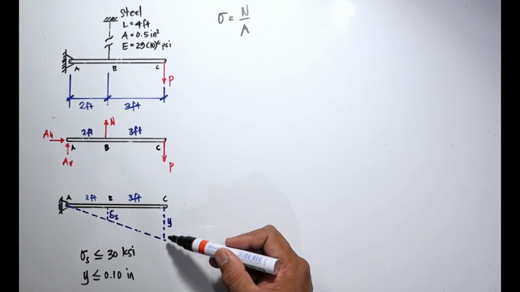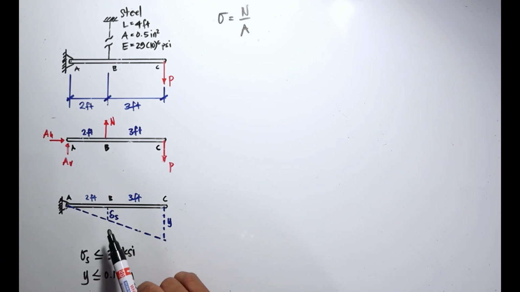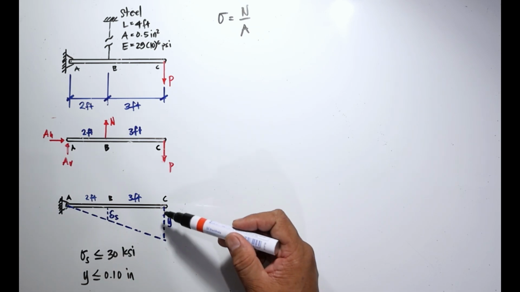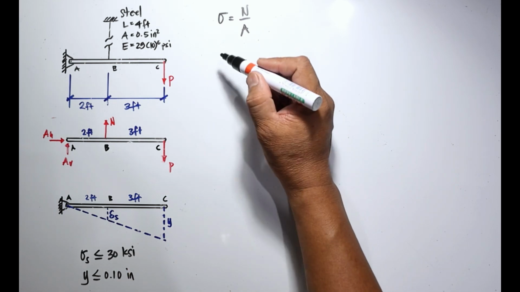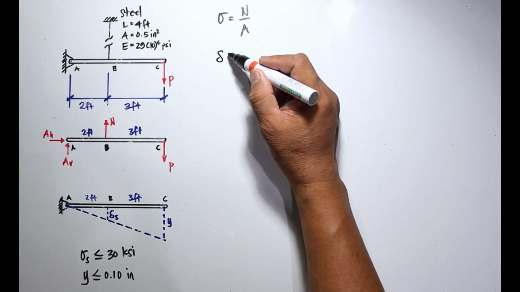Then from this drawing, we solve for the elongation of the steel by ratio and proportion. If we use y equals 0.1, then we can solve for delta S. With delta S already solved, we can use this formula.